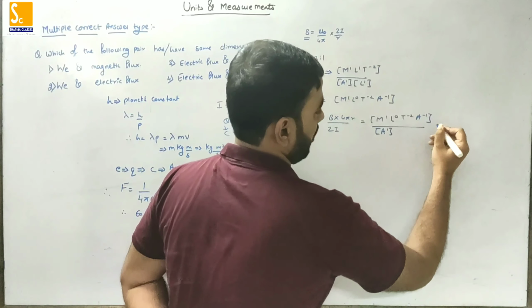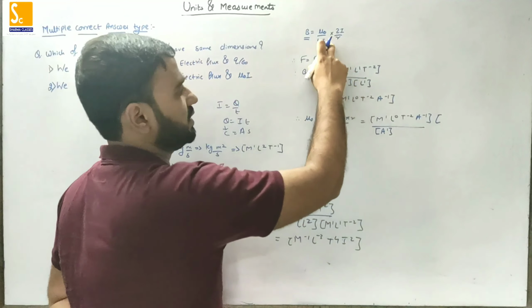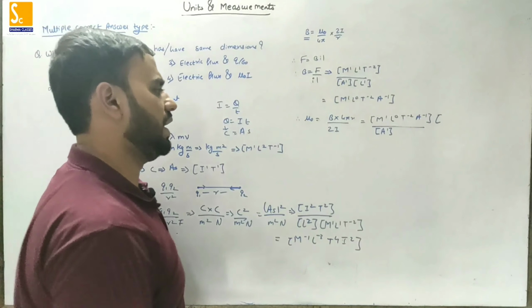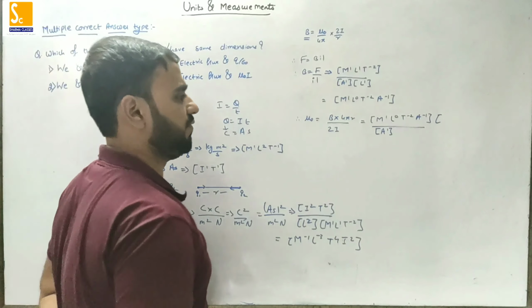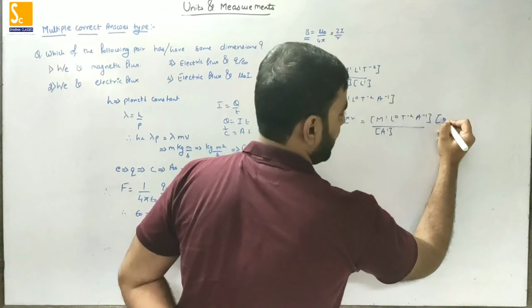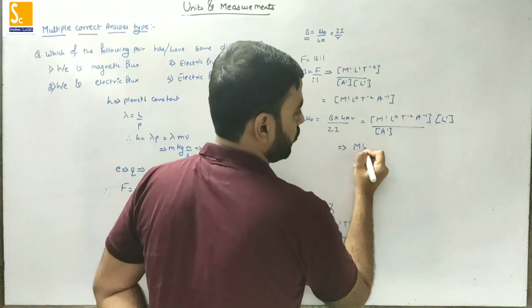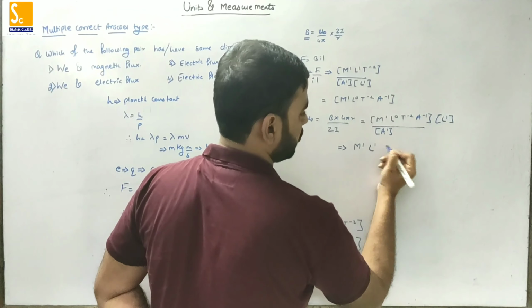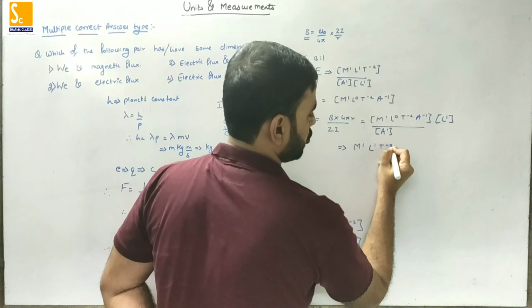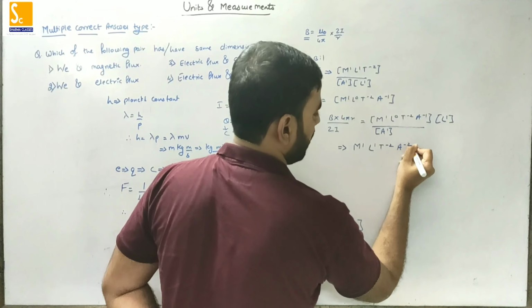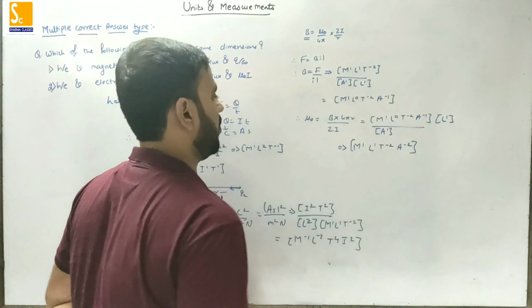What is the SI unit of R? R is the distance in this case. So again SI unit of R is meter, and the fundamental dimensional formula for the meter is L to the power 1. So it comes out to be M raised to 1, L raised to 0 plus 1, so L raised to 1, T raised to minus 2, and A to the power minus 2. So this is the dimensional formula for mu naught.